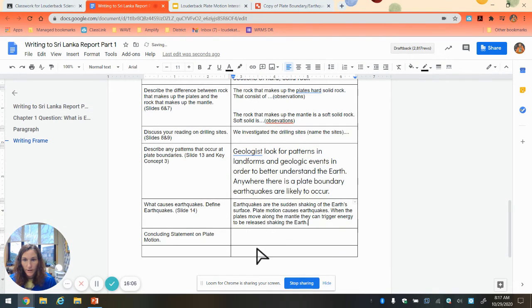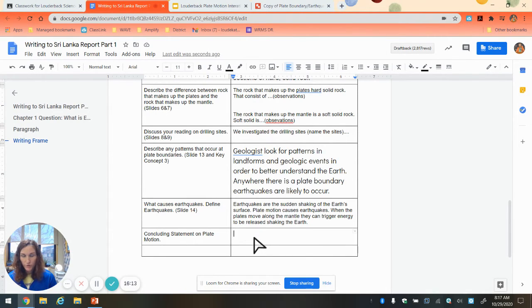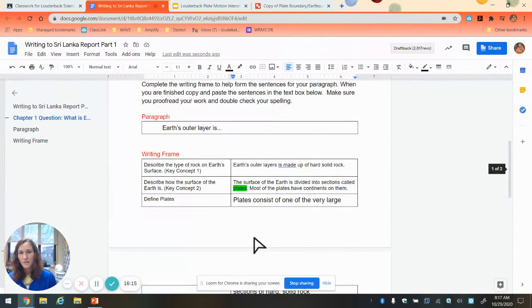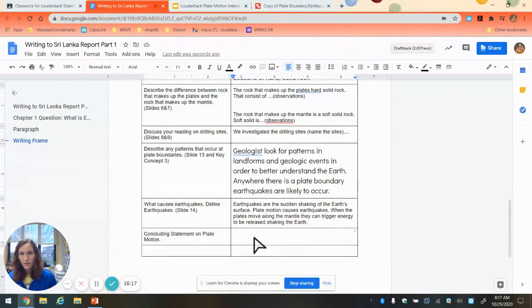All right. And then the last thing we need is a concluding statement on plate motion. So for our concluding statement, we now have to tie all of this information into one basic statement, okay? So I would like to start with a concluding transition, like in conclusion, or furthermore, therefore, all right?